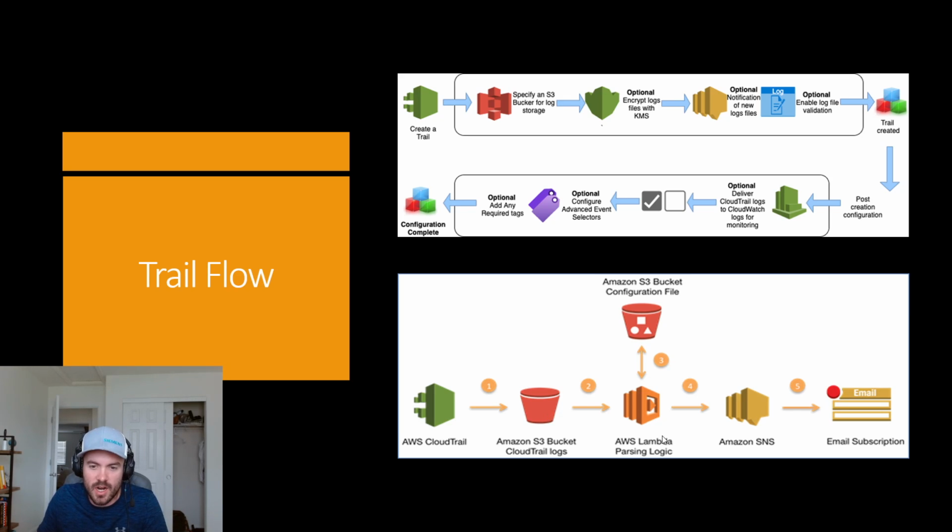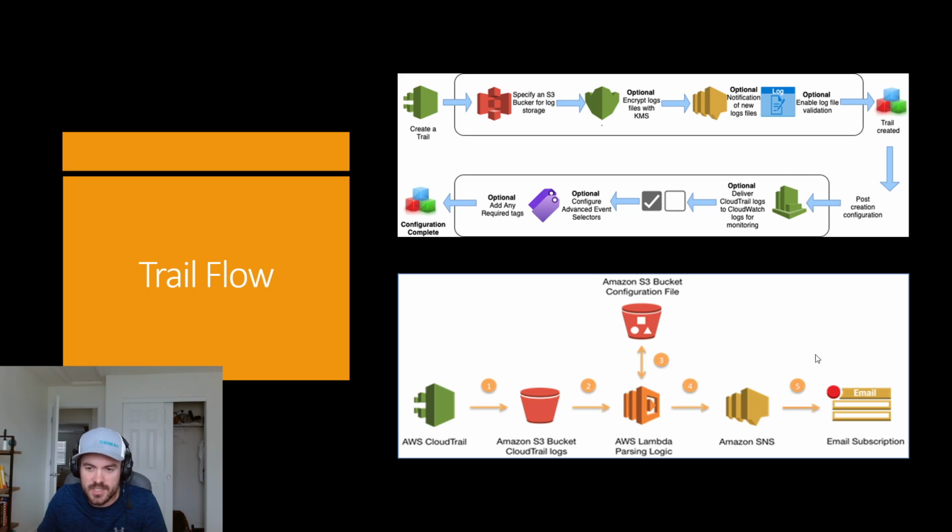Once we are monitoring, or once that happens, this trail is then going to send information about this event that happened in Lambda to this S3 bucket configuration file. And then once that happens, we're going to send a notification to SNS about what happened here with Lambda, doing whatever kind of logic parsing we're doing, depositing something into our bucket configuration file.